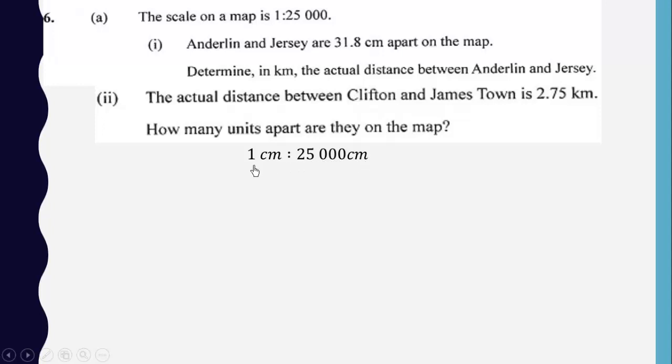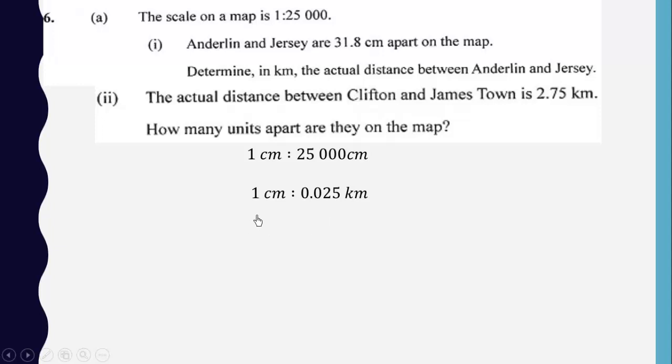Now we can rewrite this in a different form. The question is requiring us to leave our answer in kilometers, so we can give the equivalence like this. 1 centimeter represents 0.025 kilometers, so we change the 25,000 centimeters to kilometers.